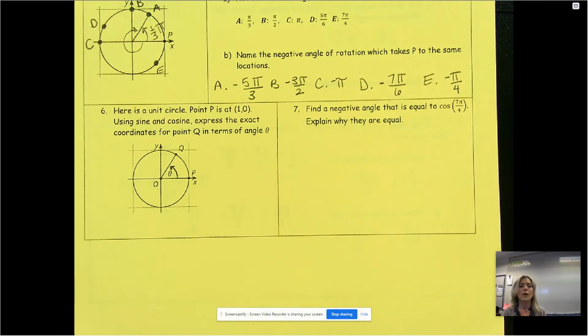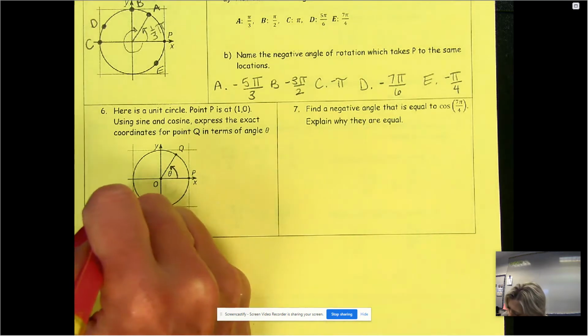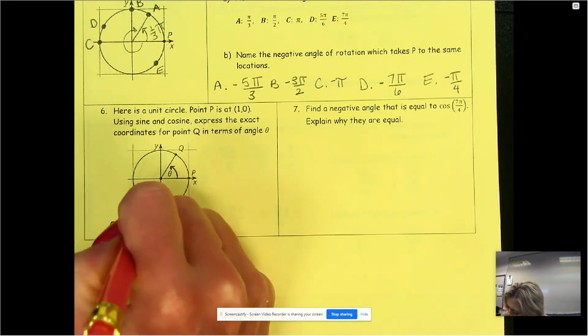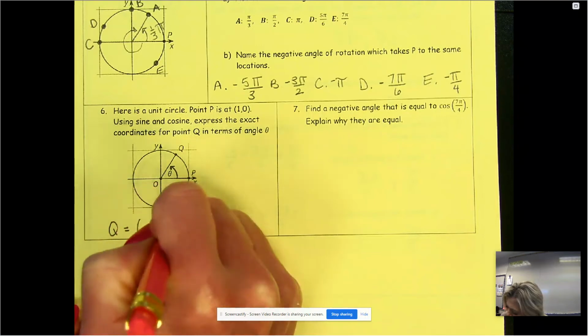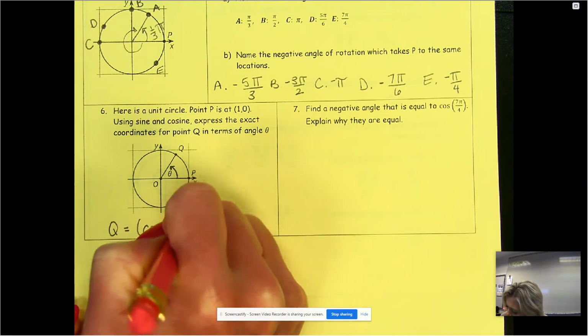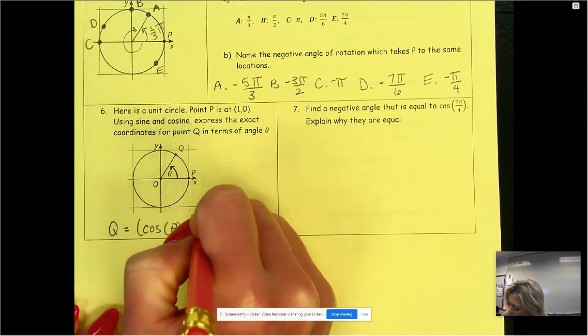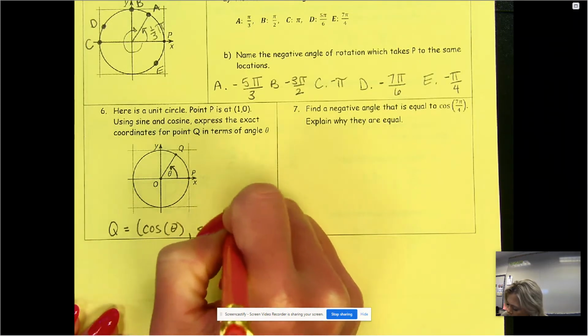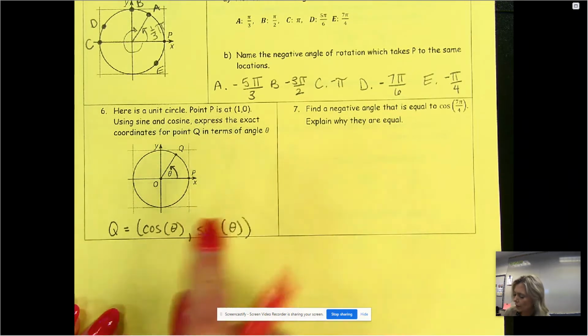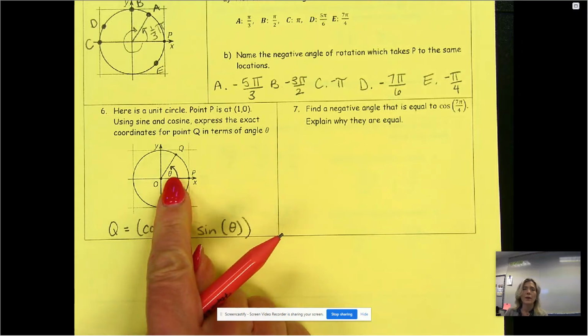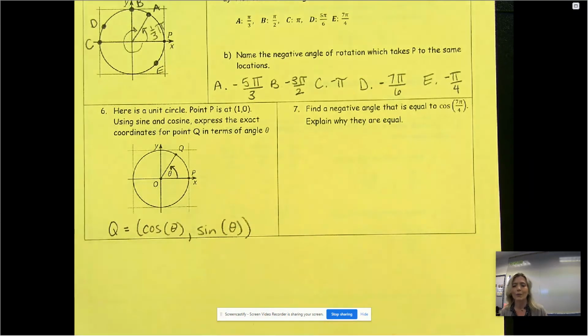So in terms of theta, or in terms of sine and cosine, the exact coordinates for that point Q equal the cosine of theta, comma, sine of theta. If we knew what theta was, we could get a more detailed answer, but we don't.